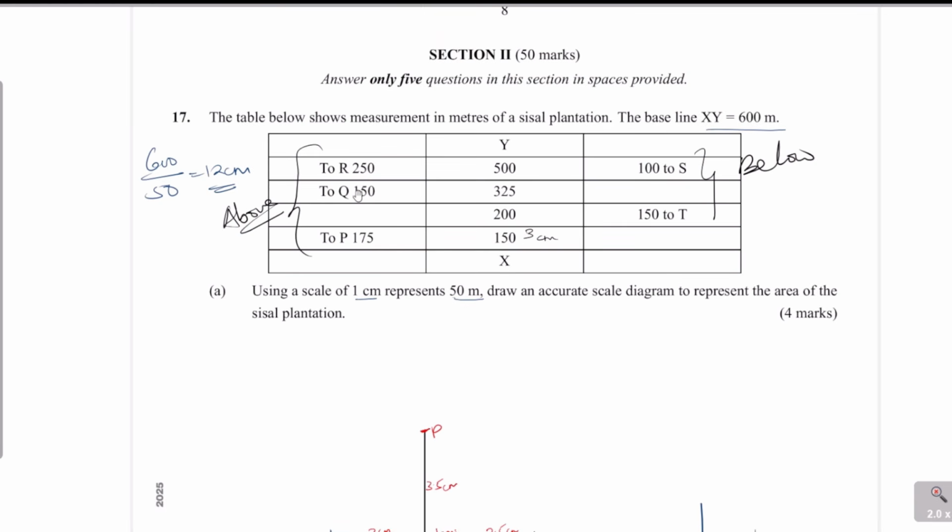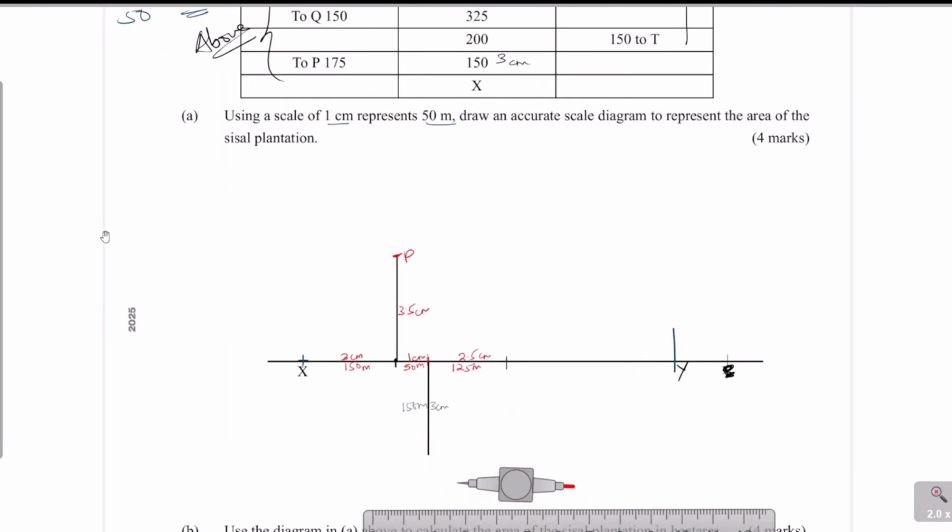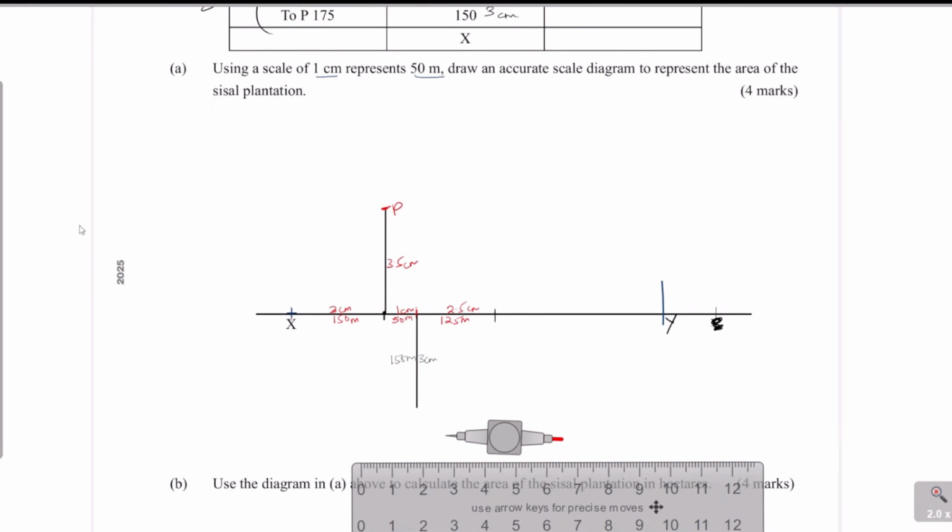So we measure the next offset, 150 to Q. You can see the ones that are to the left, they are going above. So 150 divided by 50 will give 3 centimeters. So we measure 3 centimeters up, above the baseline.